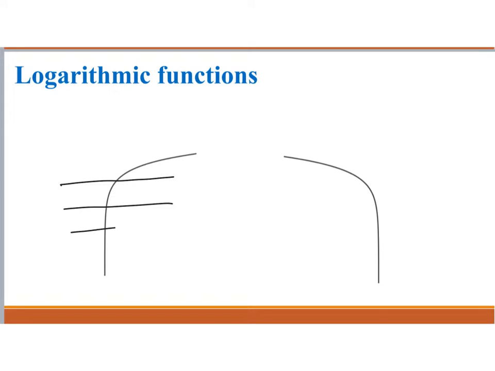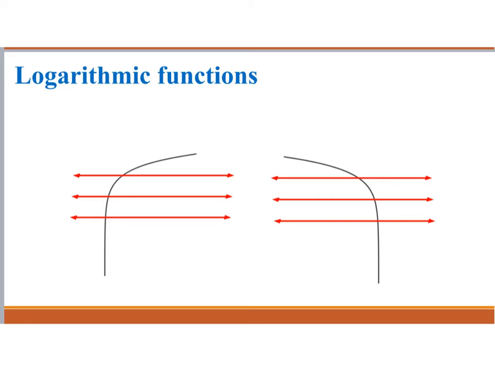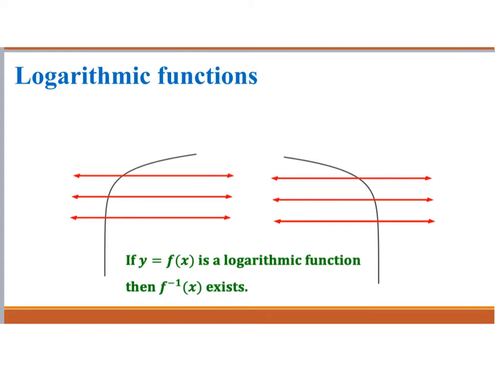So if we draw horizontal lines anywhere on the graph, there's only one intersection. And it means that the inverse function exists. In other words, if y equals f of x is a logarithmic function, then f inverse of x exists.